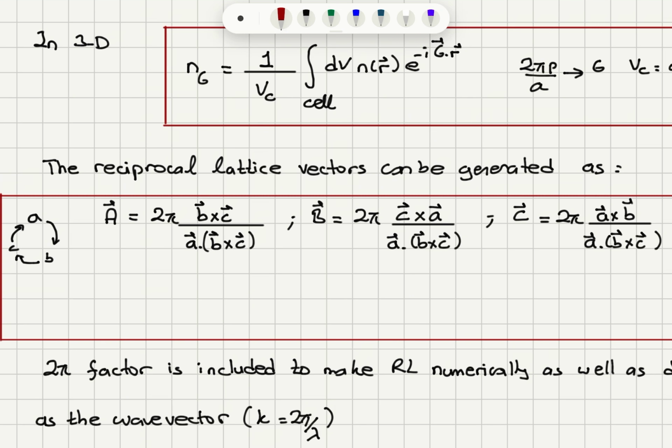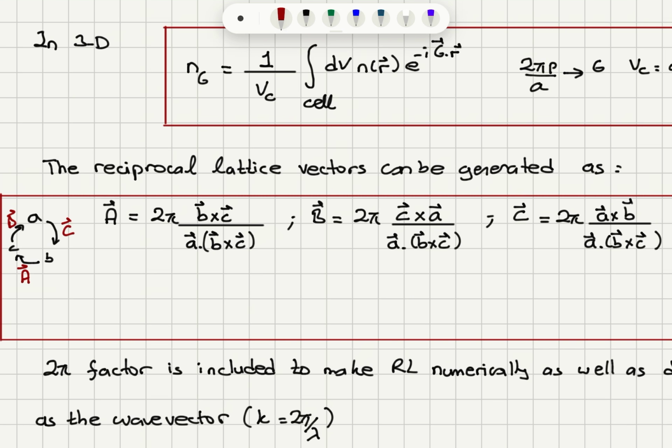So what is happening here? For the A vector, I have used b cross c. For the B vector, I have used c cross a, and for the C vector I have used a cross b. So this is a cyclic permutation, so you can see that that's what I'm following.